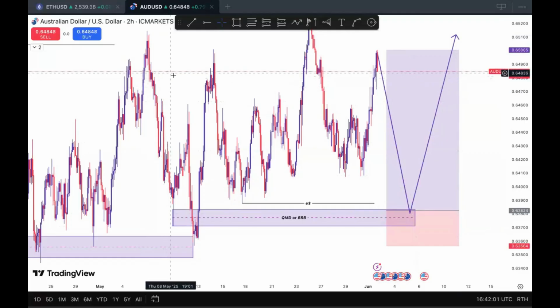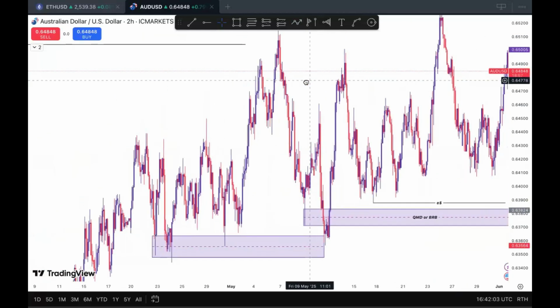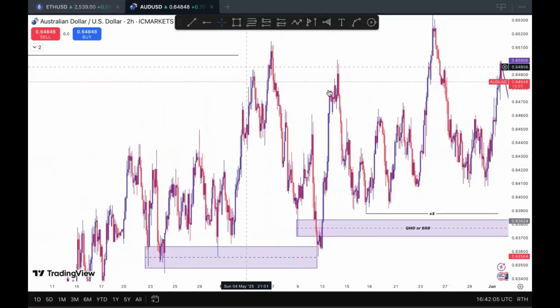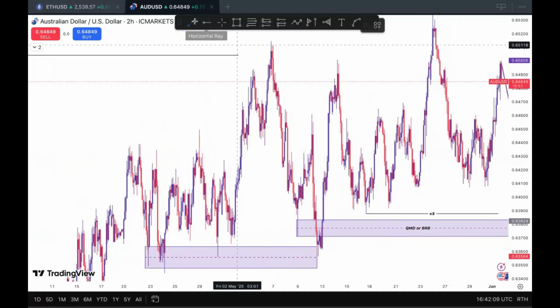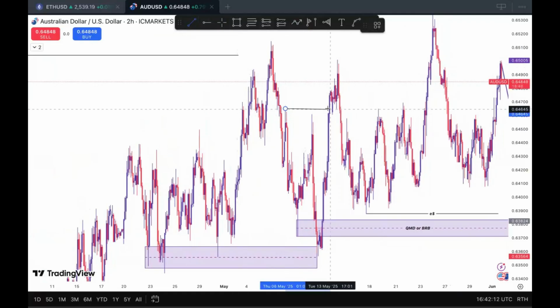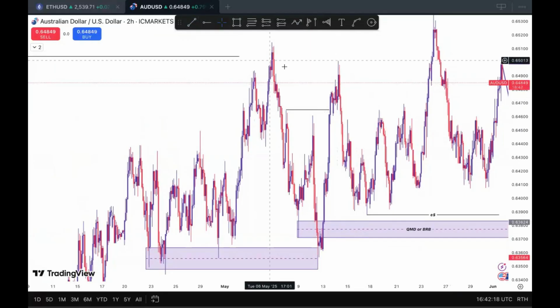So let's look for other ones. We can see this sell that happened. Look at this sell. So we had this structural liquidity. We had this, I sold this. And then we have this. So what am I going to do?